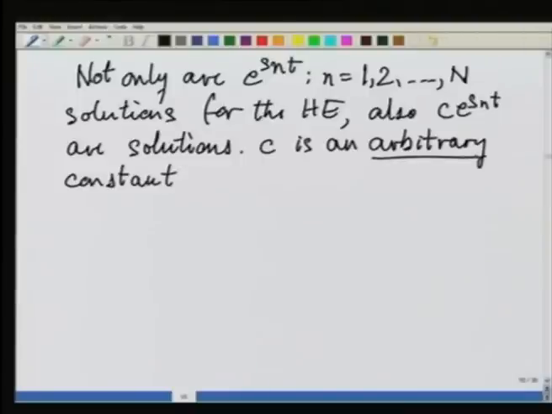Now, there is no room to get confused. What do we mean by saying it is arbitrary and constant at the same time? When we say it is a constant, we mean that it is not a function of time. Once you set a value for it, it stays the same number irrespective of what time it is.